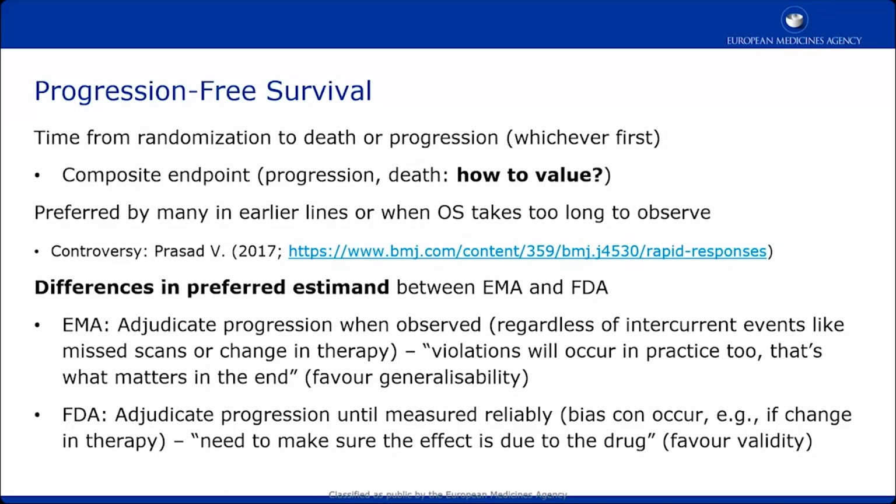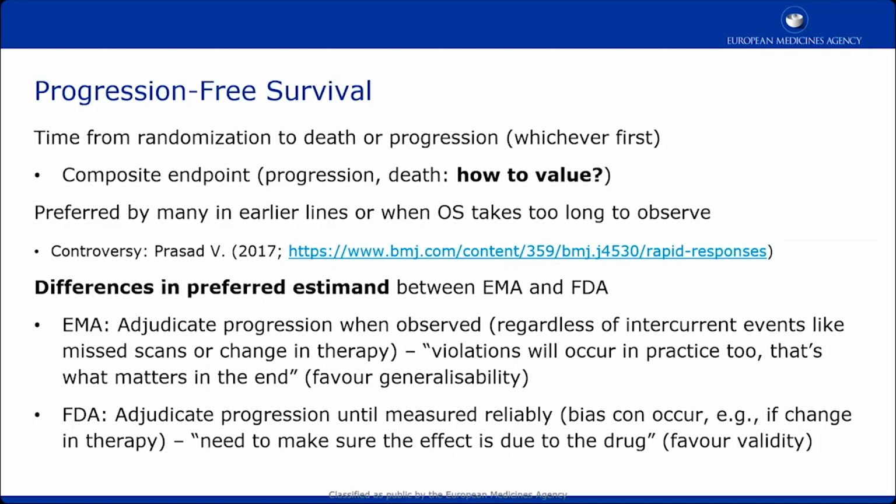Now, I will not discuss it here in detail. But progression-free survival is also one of those endpoints where the two guidelines, EMA and FDA, diverge. So it would be interesting, perhaps, if you want to dig deeper, to look at where they diverge. And really, it is in the definition of the estimand. So how to handle the intercurrent event.